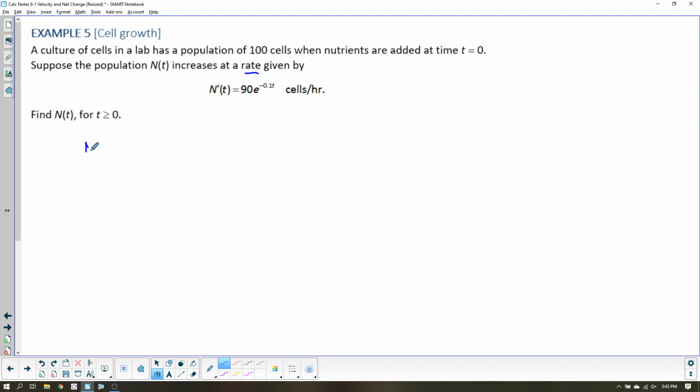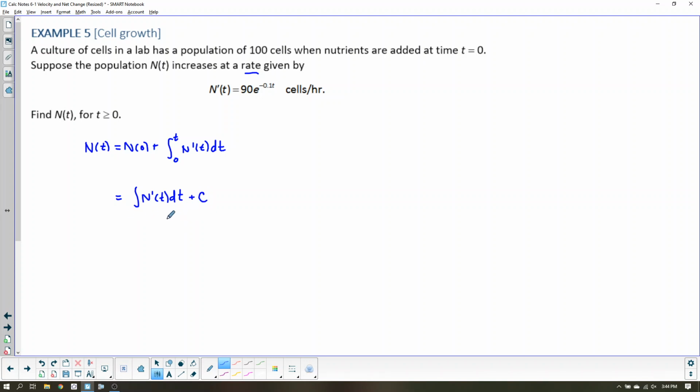So just as in all the problems, you have two ways to do this. N of t is equal to N of 0 plus the accumulation function from 0 to t of N prime t dt. Or we could just say it's the antiderivative of the rate of change plus some constant.